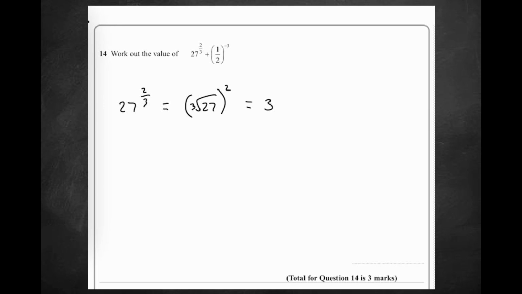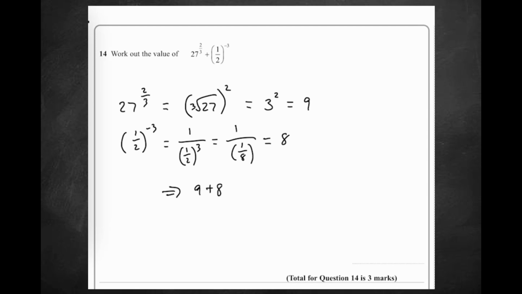So we're just going to say 3 squared, which is 9. And a half to the power minus 3 is going to be the same as 1 over a half cubed. A half cubed is just an eighth, so the answer is 1 over 1/8, which is the same as just saying 8. Therefore, 9 plus 8 is our answer, which is 17.